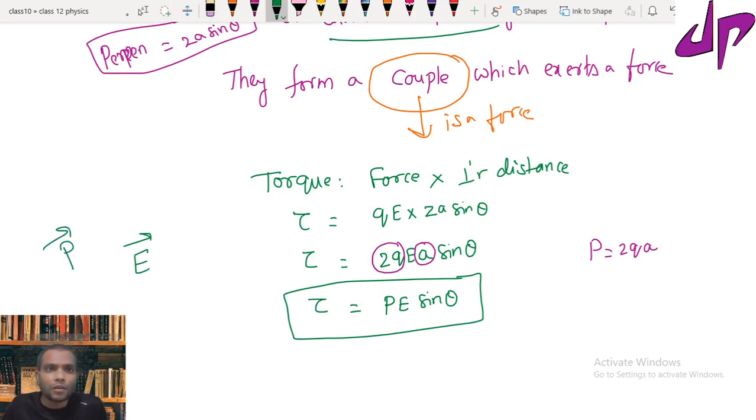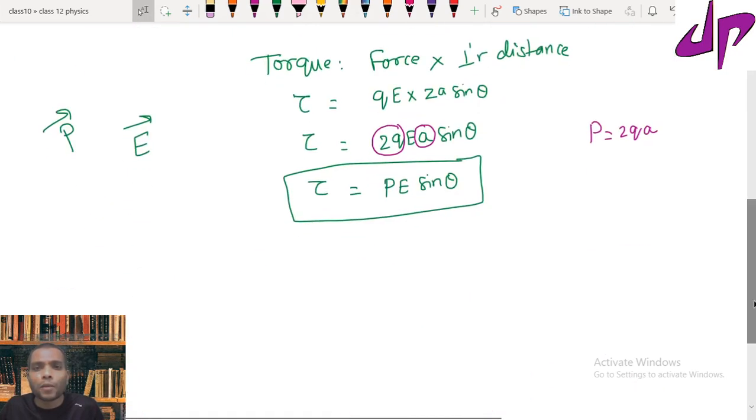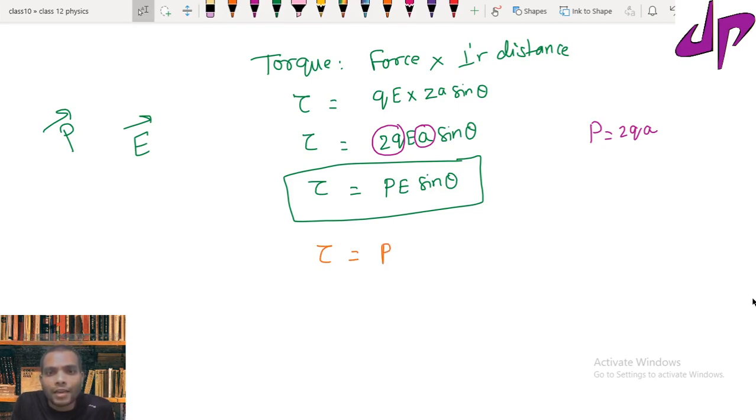So from the figure you can find that the electric field direction is along this direction, but the dipole moment direction is along this direction. The resultant of those two, if you can guess that properly, we can figure out the torque direction.